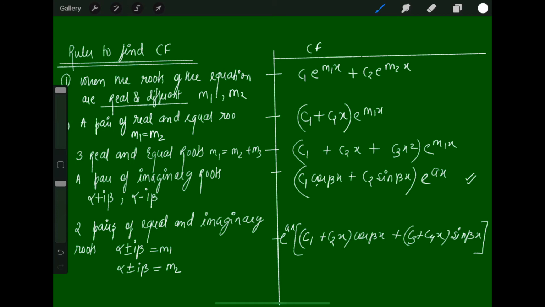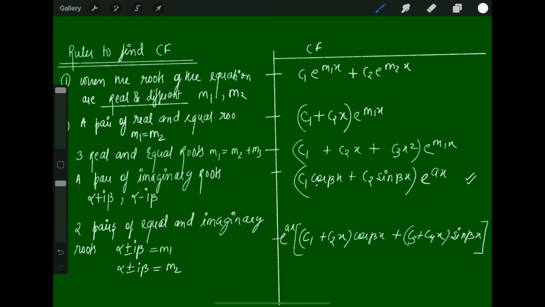When the roots are real and equal, then in that case the CF will be defined as (C1 plus C2 x plus C3 x square) e to the power m1 x, where there are 3 roots. When there is a pair of imaginary roots like alpha plus i beta and alpha minus i beta, then the complementary function is defined as (C1 cos beta x plus C2 sin beta x) whole into e^(alpha x).